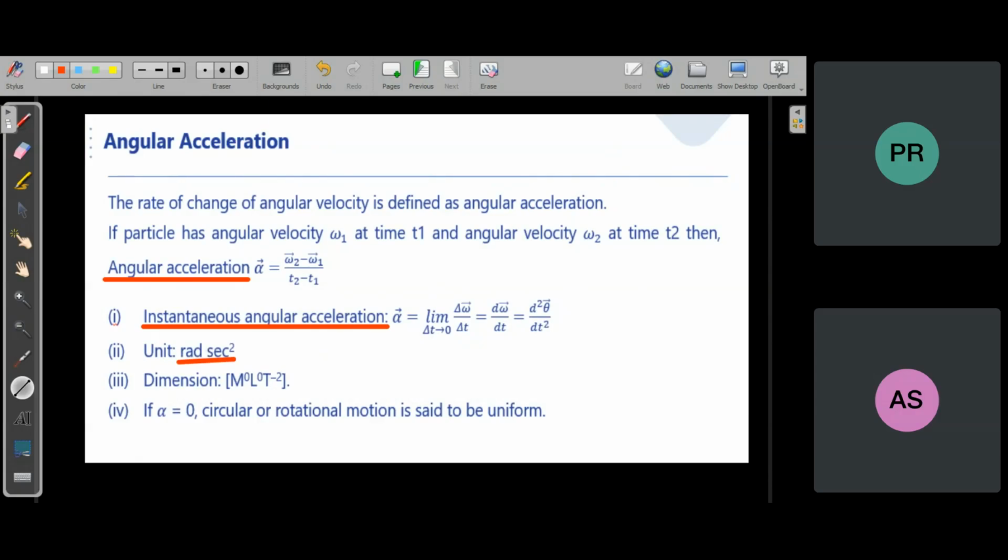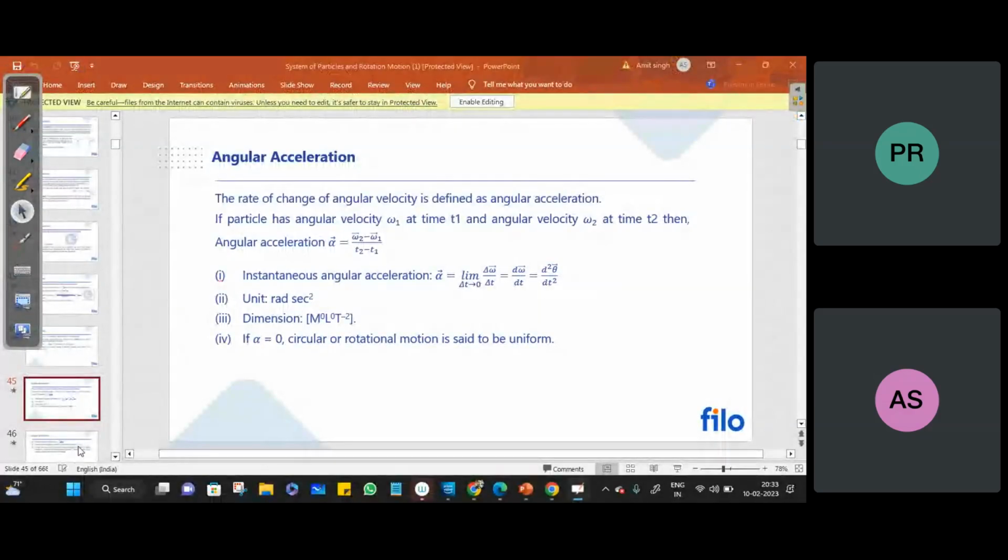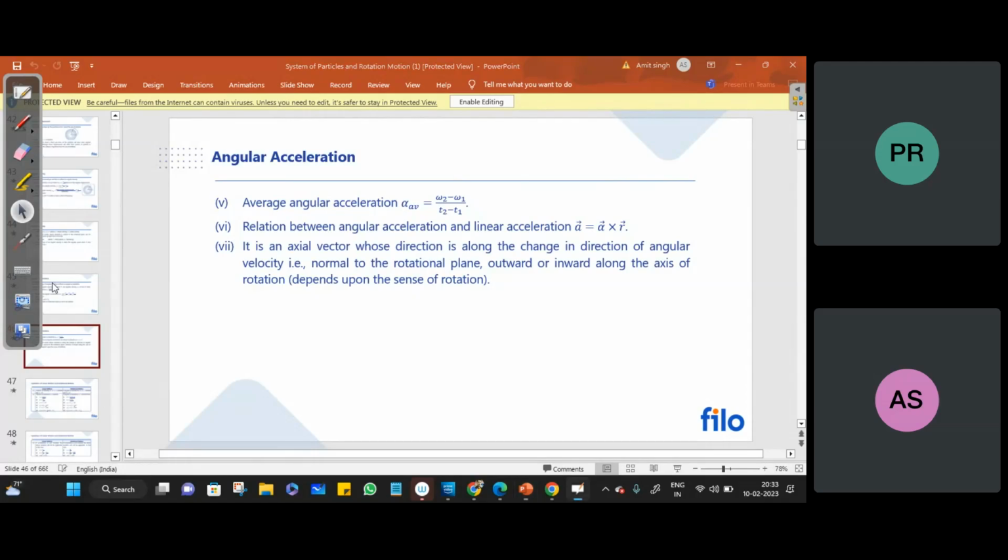Its unit will be radian per second square. If a body rotates with a constant angular velocity, then angular acceleration will be zero. Whether it is circular or rotational motion with constant angular velocity, angular acceleration will be zero.